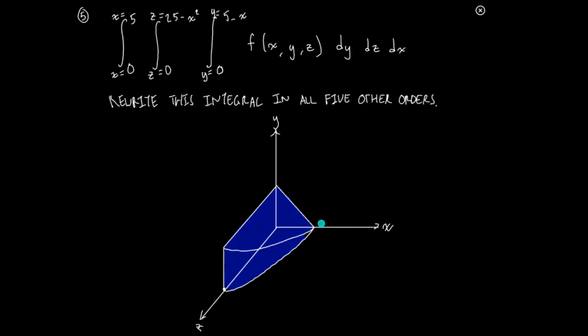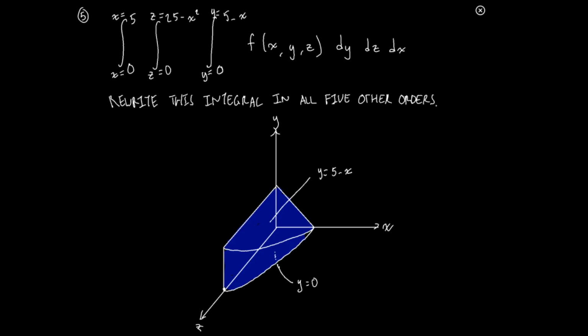Let's go ahead and label things. Let's label each surface. So this front surface right here is going to be, what is this? y equals 5 minus x. This bottom surface down here is y equals 0.